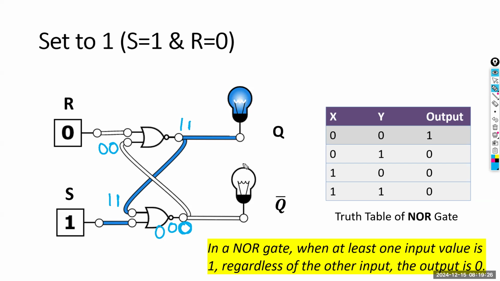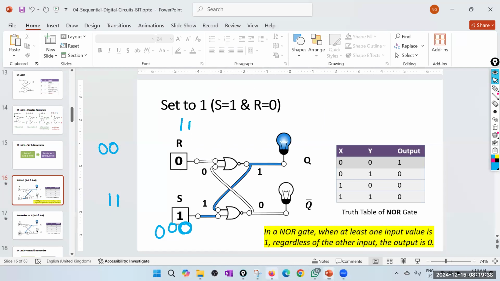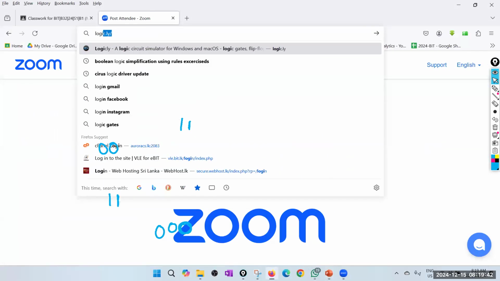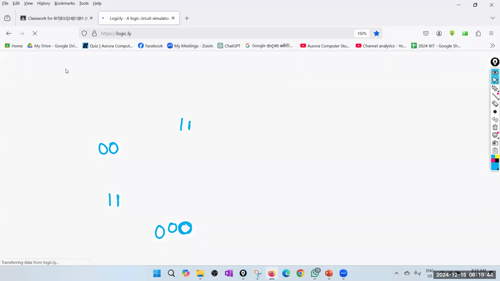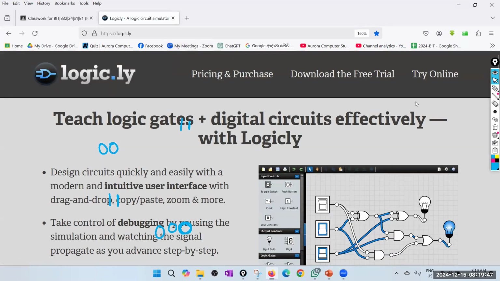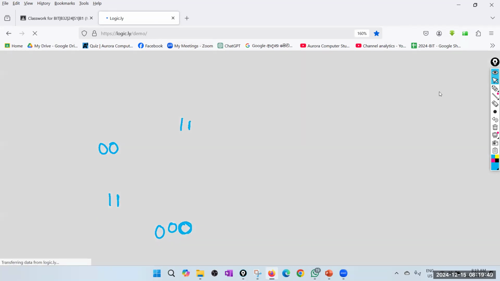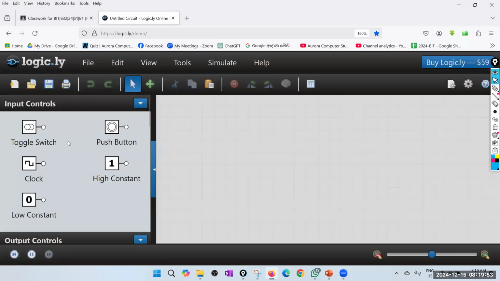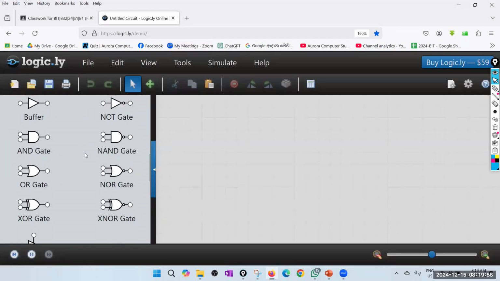If you want, suppose you have an SR latch as an electronic component, with a breadboard, battery power and LEDs, you can do it practically. Or else you can just try it logically, online. Let's drag and drop two NOR gates.